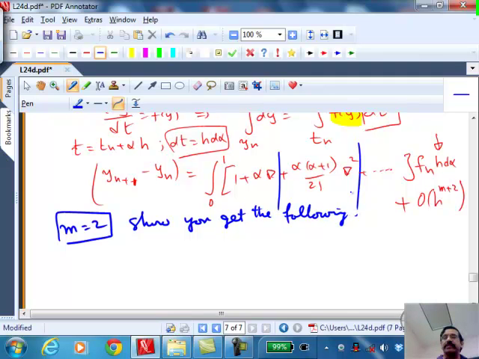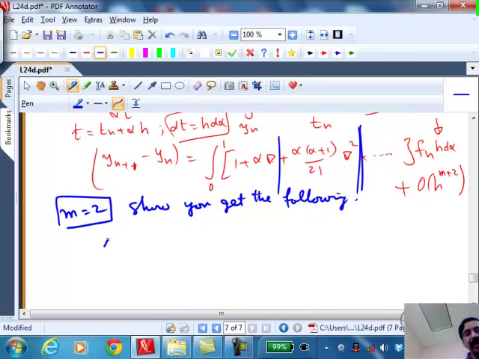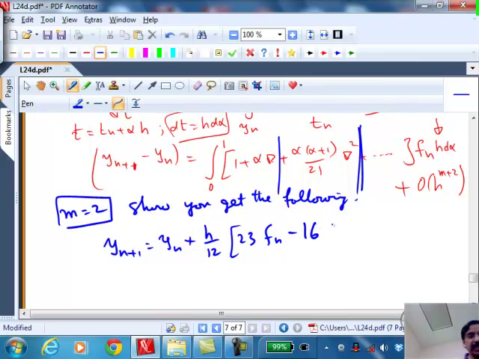All you need to do is take the two terms, truncate it up to here, carry out the integration, plug in the limits between 0 and 1, and you should be able to get the following formula. yn plus 1 equals yn plus h over 12 multiplied by (23 Fn minus 16 Fn minus 1 plus 5 Fn minus 2), with a truncation error of order h to the power 4.